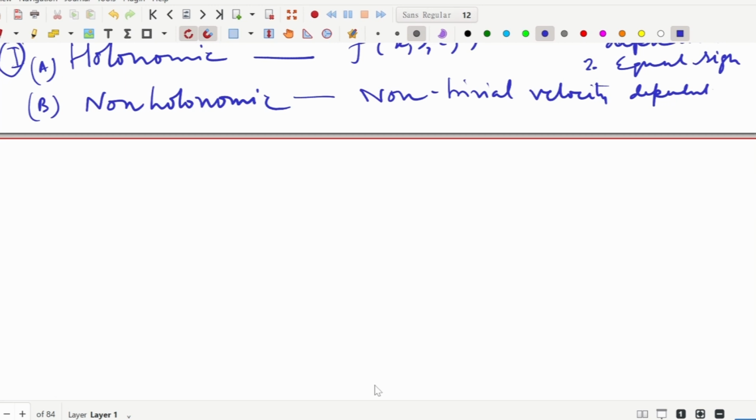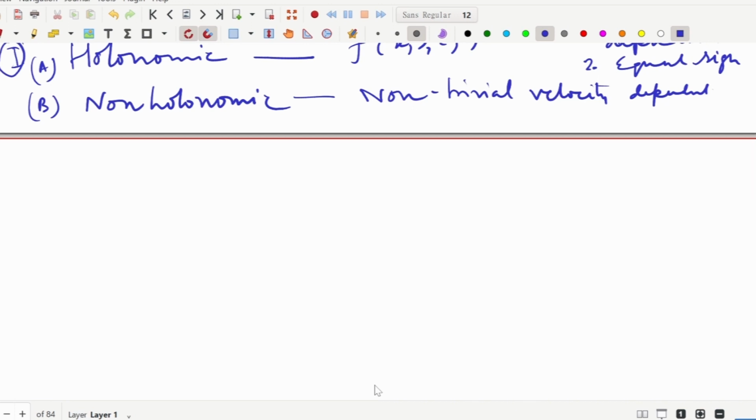We have seen some examples. If the particle is constrained in such a way that you cannot write an equal sign, for example, if particles are confined to a spherical container or some box, then r should be less than or equal to the radius of the spherical container. In that case there is no equal sign, so such constraints are non-holonomic.